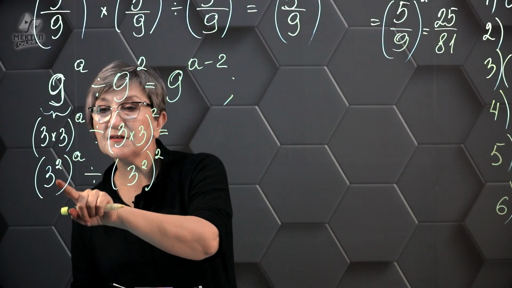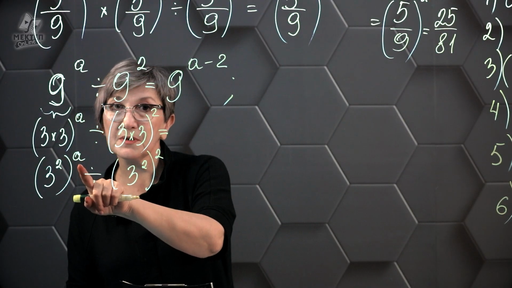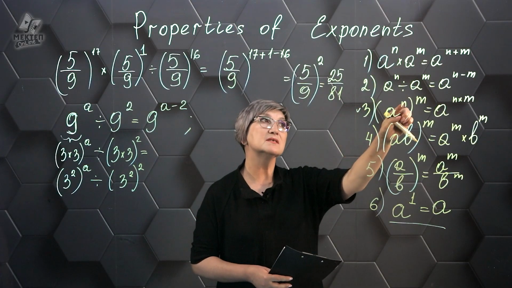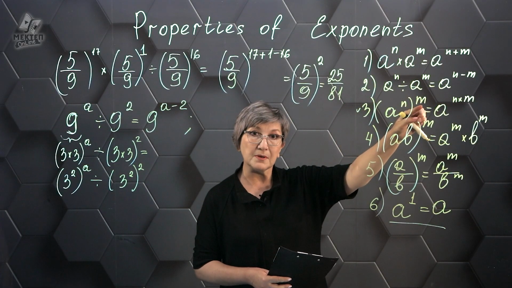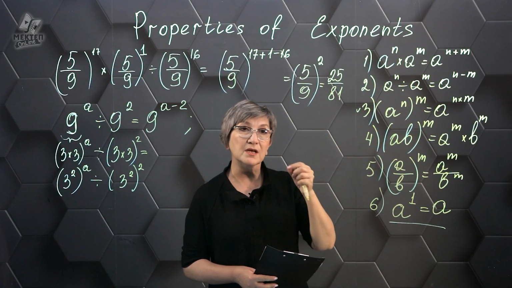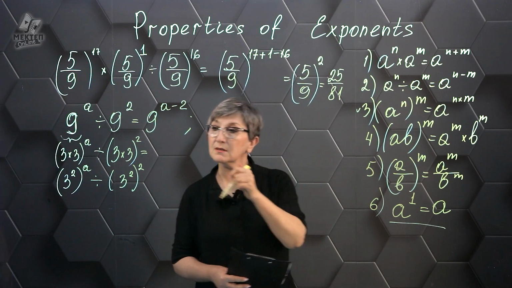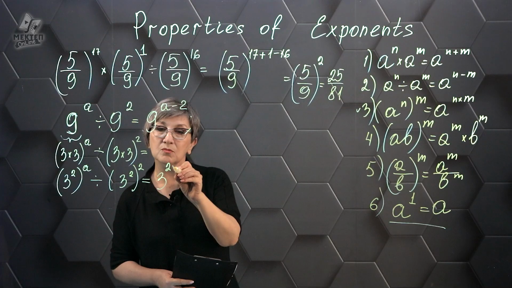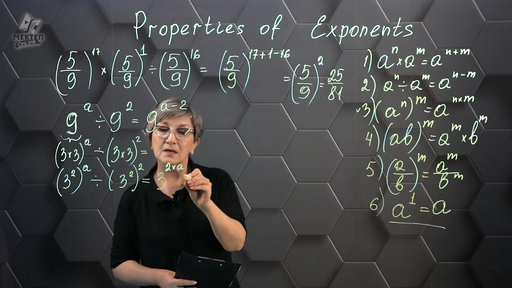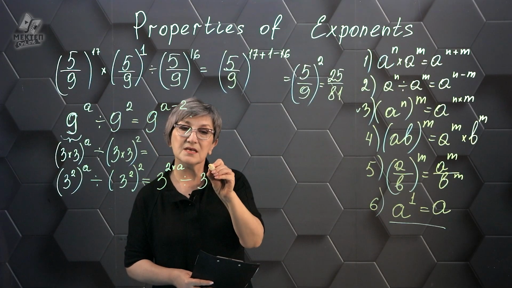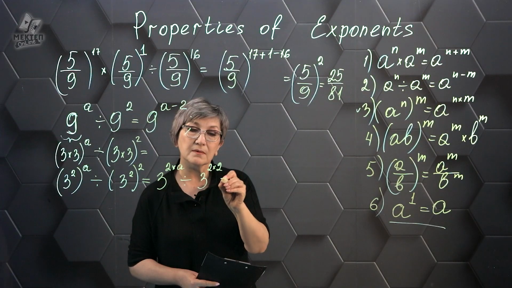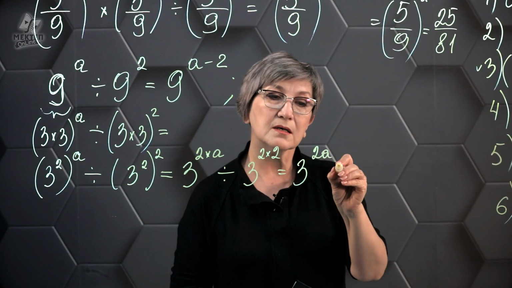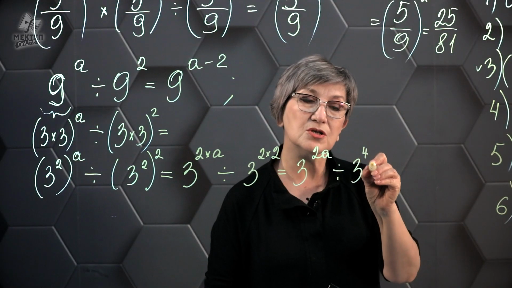So let's solve it. 3 to the power of 2, and it's all to the power of a. In this case, we're going to apply the third property, degree to degree, and then we need to multiply the exponents. So I'm going to write down now 3 to the power of 2 times a, divided by 3 to the degree of 2 times 2, equals 3 to the power of 2a divided by 3 to the power of 4.